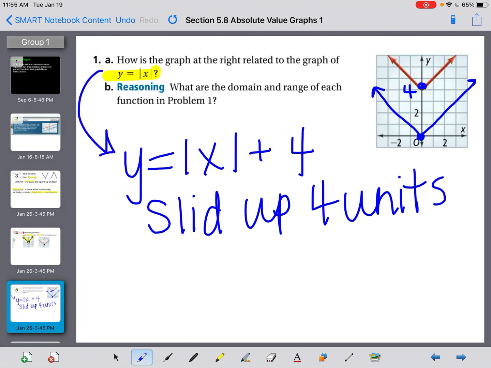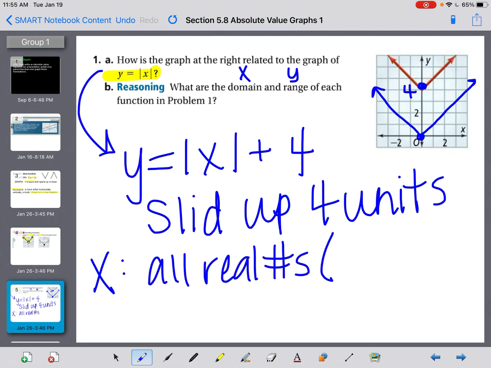What are the domain and range? Remember that domain is x, range is y. So if I'm looking at my domain values, everything is covered. Since the arrows are pointing as if this continues on forever, that means every x value is covered. So your x's, or your domains, are all real numbers, which you can actually write out, or this symbol, that's an R, it means all real numbers.